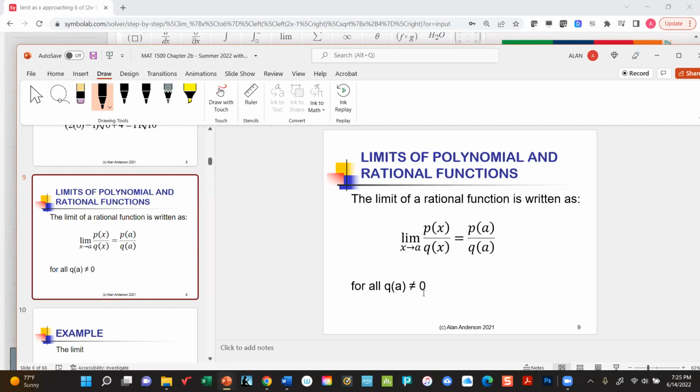And once again, it is really just direct substitution. Now, it's possible, as we saw earlier, that this ratio p of x over q of x can be simplified, or we can just evaluate it directly like this.